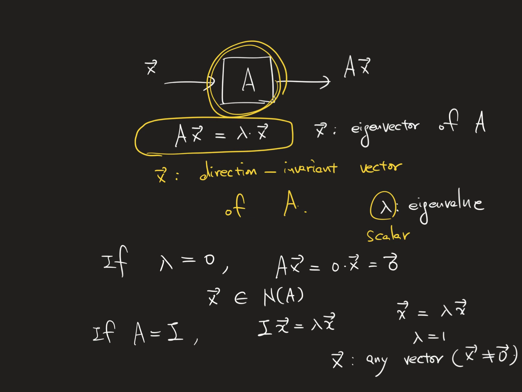So in this case, if A is the identity matrix, the eigenvalue is 1, and any vector will be an eigenvector.